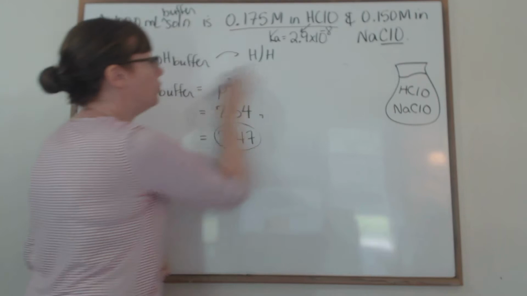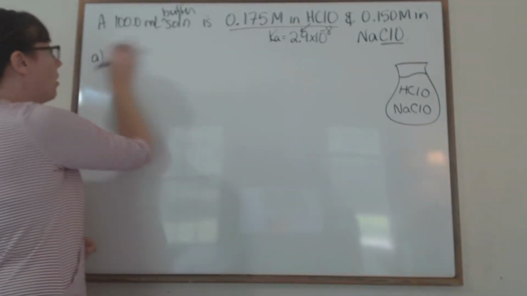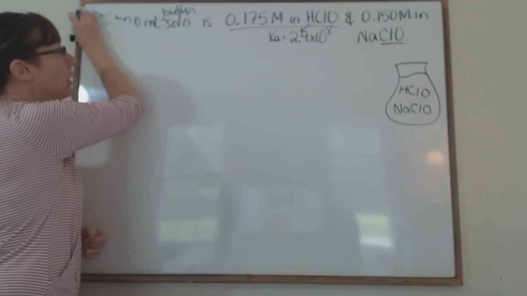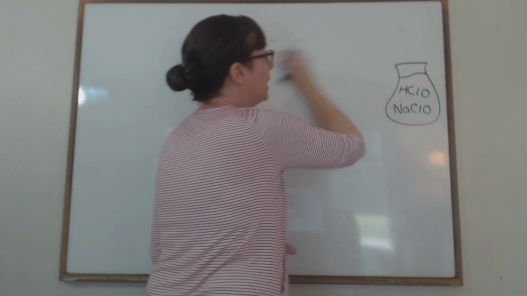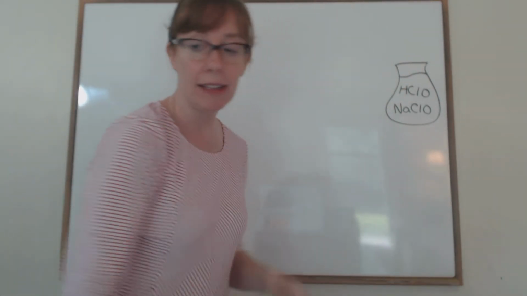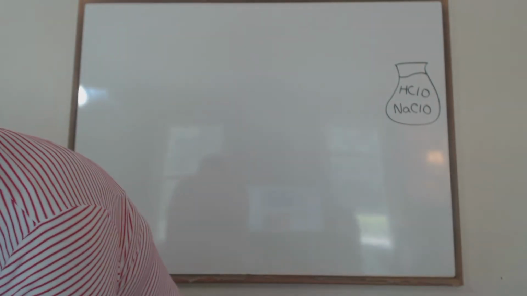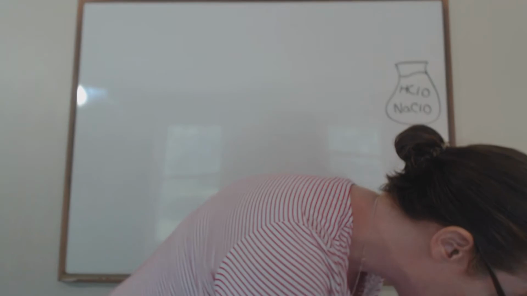Now part B is the new part. Part B is calculating the pH after you've added something to it.